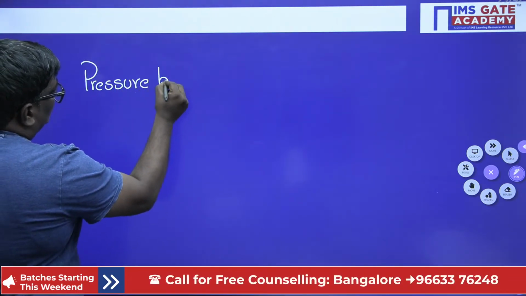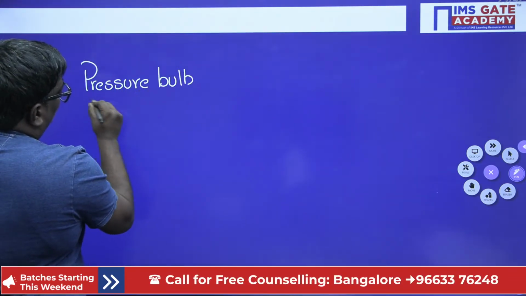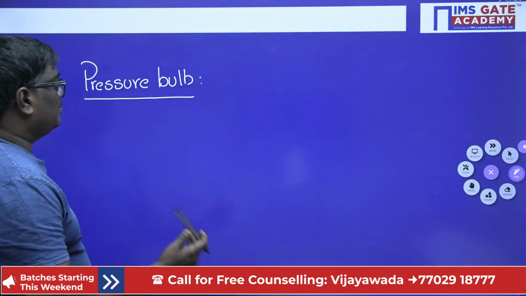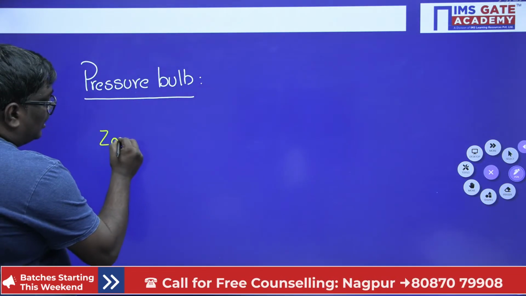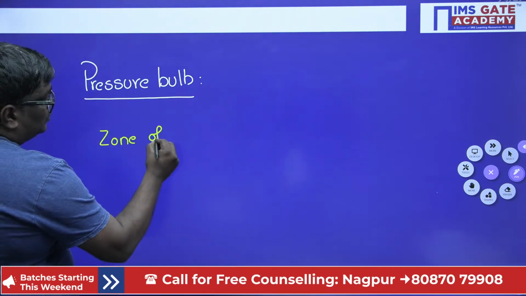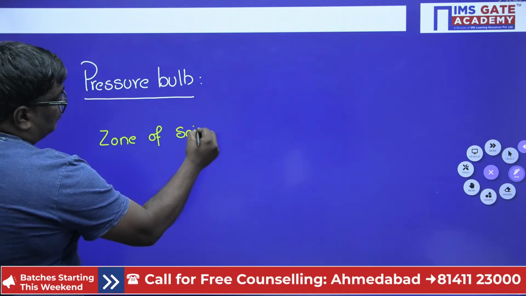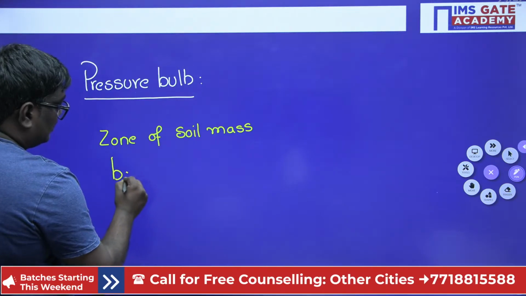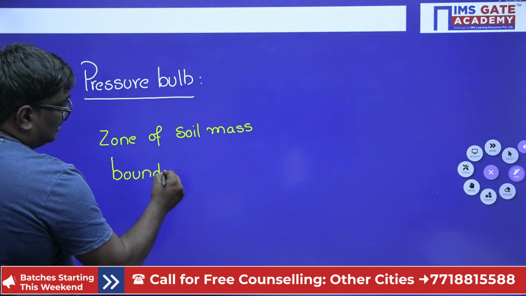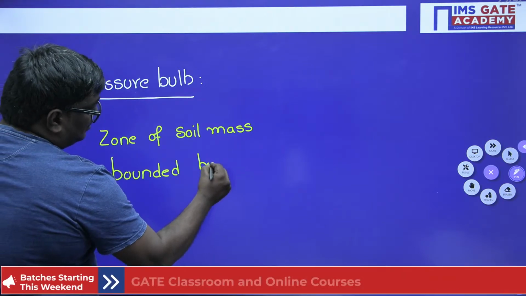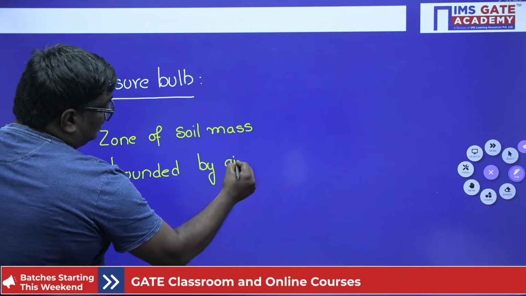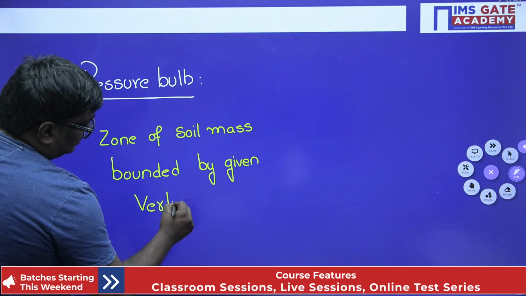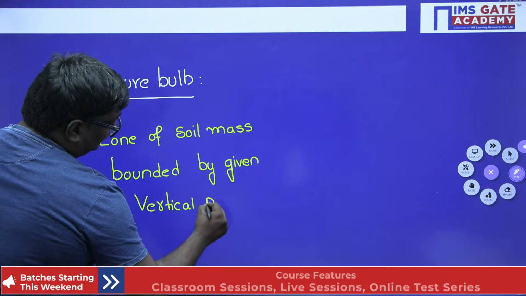Sir, what is a pressure bulb? Sir, a contour means it is an imaginary line joining points. Okay. So here, a pressure bulb is the zone of soil mass bounded by a given vertical pressure intensity.